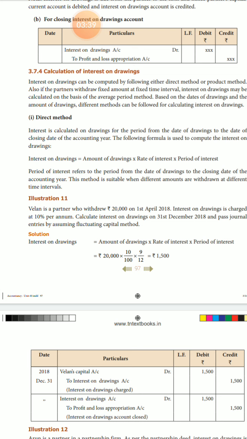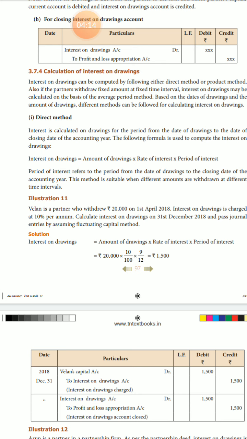If April 1st is the opening, then automatically the closing month is March 31st. But in this sum, interest on drawing is charged at 10%, with interest calculated up to 31st December. So the opening is April, but the closing is December.